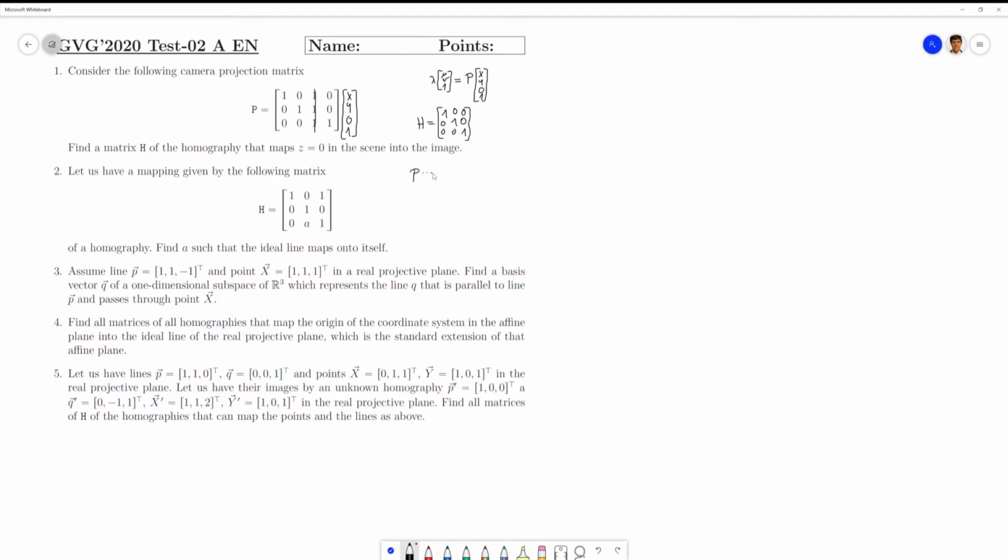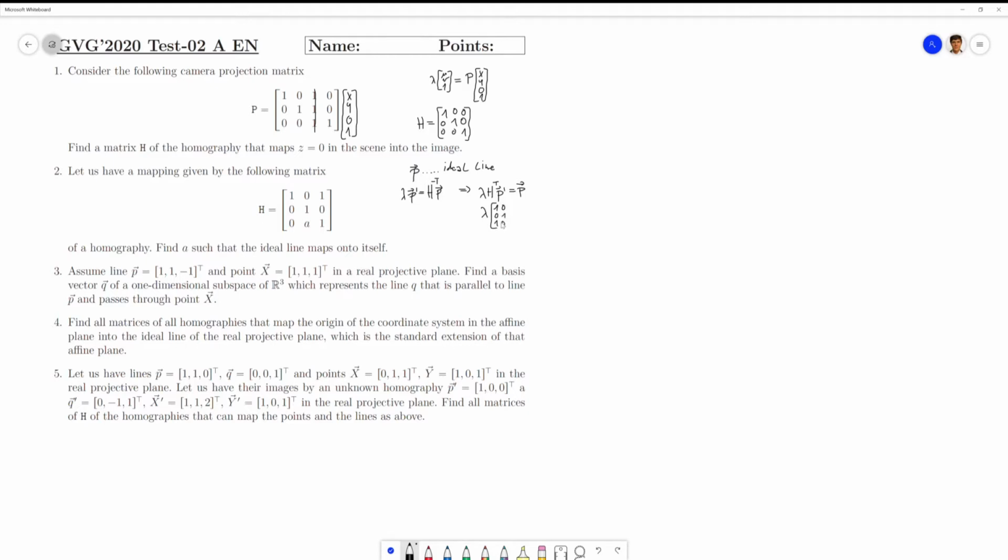In the second task, we have a homography matrix with unknown parameter a, which maps, let's call it p, the ideal line to itself. We can multiply the original equations by H transpose from the left and avoid computing the H inverse. The ideal line has coordinates 0, 0 and some non-zero value.